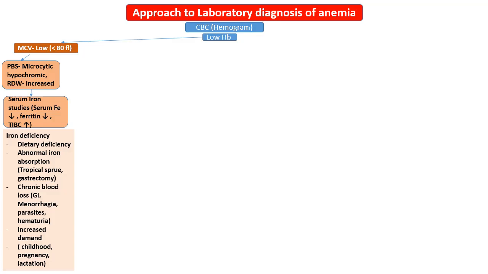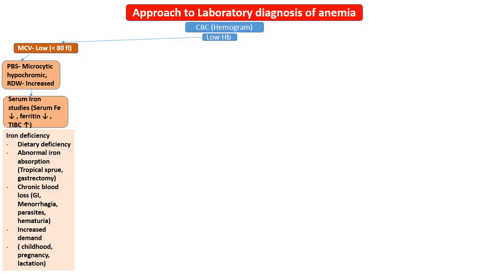Iron deficiency anemia can be because of dietary deficiency of iron, abnormal iron absorption like in tropical sprue or gastrectomy, chronic blood loss through gastrointestinal tract or in menorrhagia or due to parasites or hematuria.